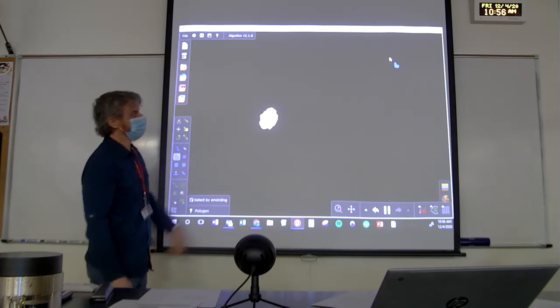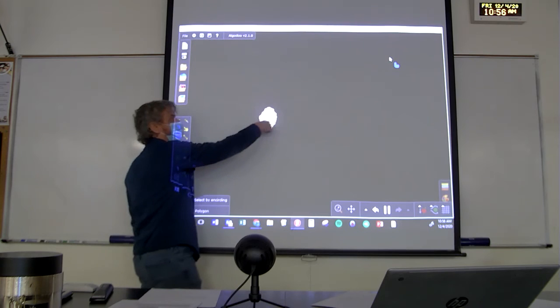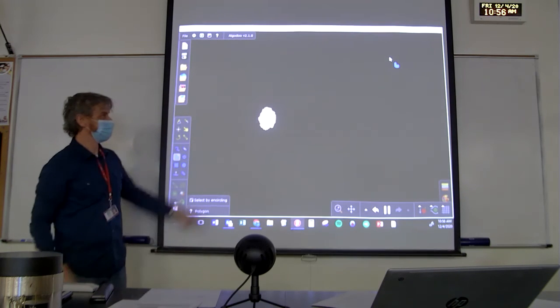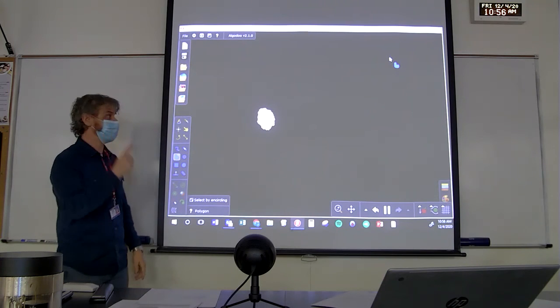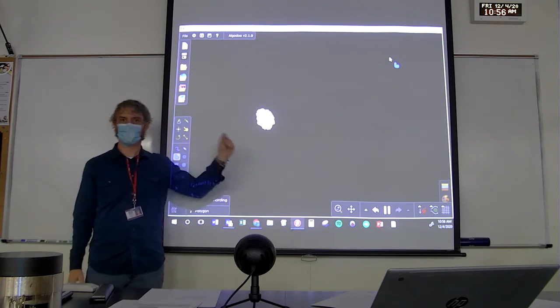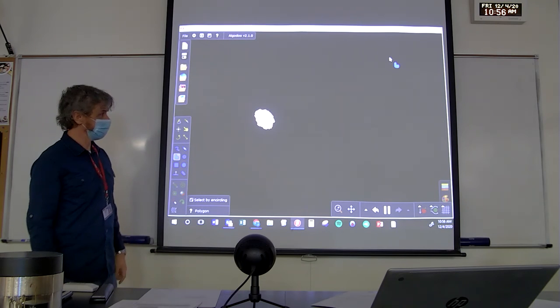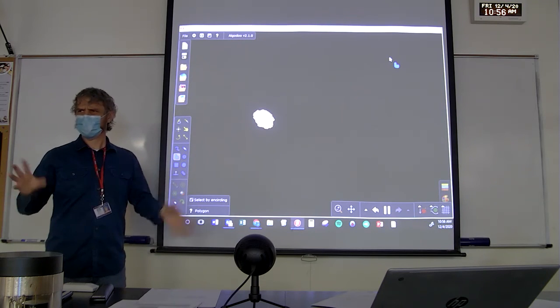Here, this is a two-dimensional representation, but the angular momentum of this solid object right now is literally the sum of all the individual angular momentums of the point masses that made it up. Kind of make sense?